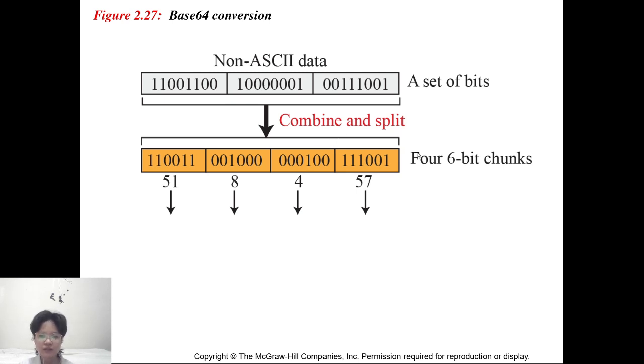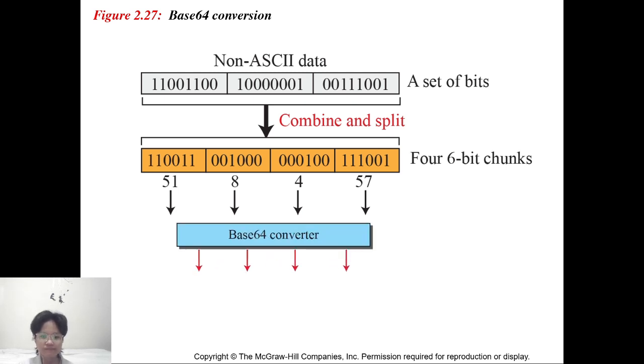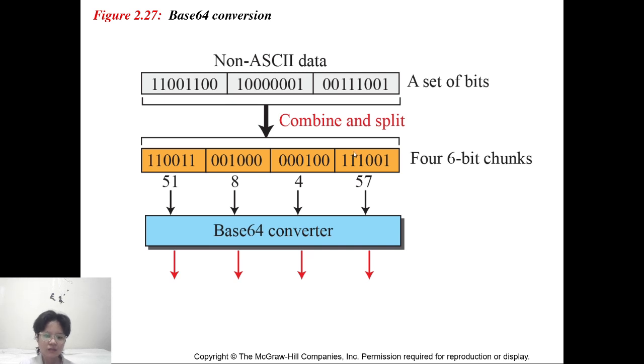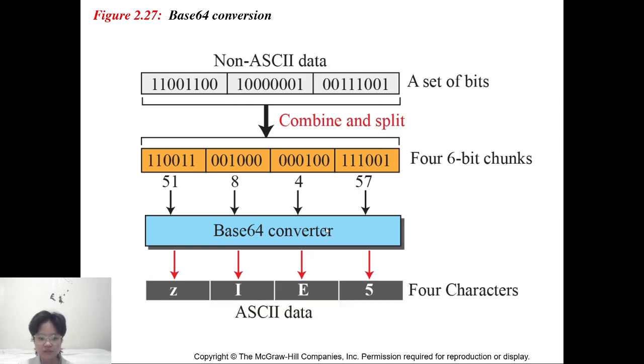Then you will get four 6-bit chunks. And then the base64 converter, and we will get 4 characters finally, and this is ASCII data.